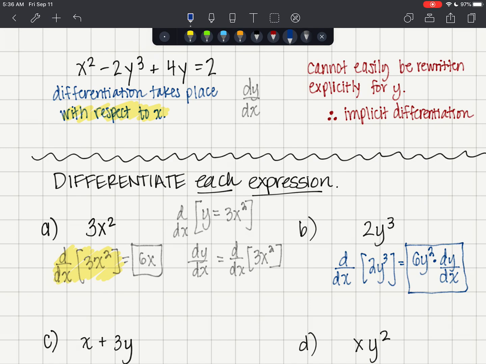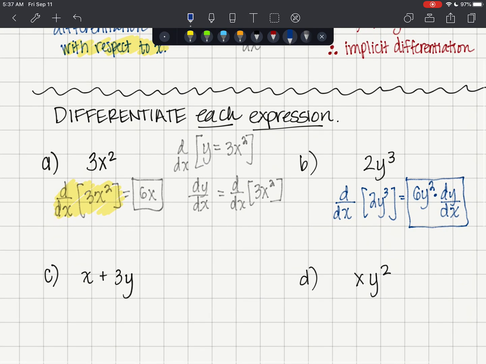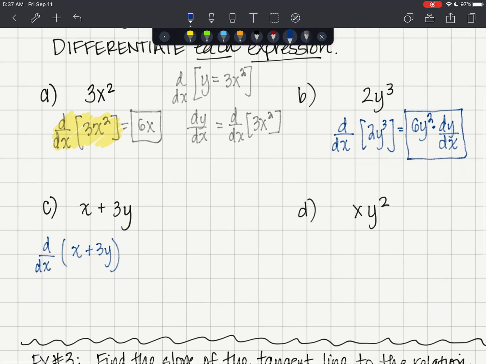That's our answer. When you take the derivative of an expression that involves just the variable y, and you're taking the derivative with respect to x, that's your derivative. So let's look at here, x plus 3y. And you'll get the hang of it. So we're going to differentiate each term. So I've got the derivative with respect to x of x, right?